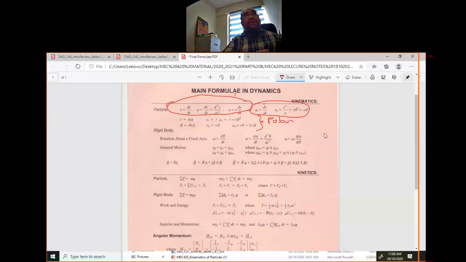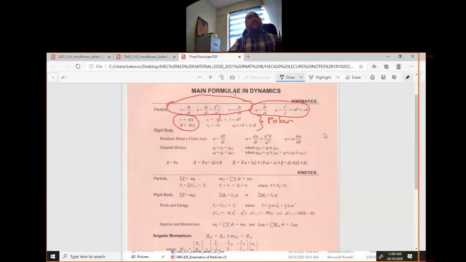So these are the main formulas. You see here, the first term is R and theta. VR equals R dot. It is too close together; there should be a separation here. So AR equals R double dot minus R theta dot squared.